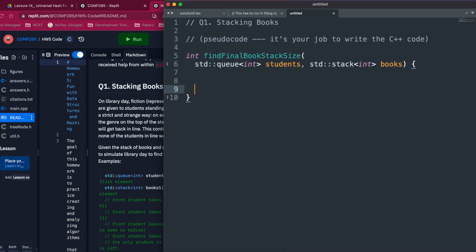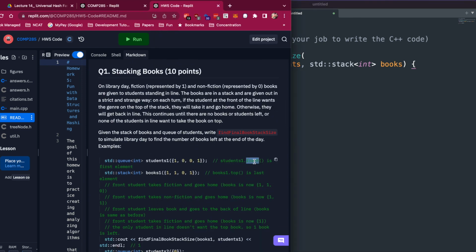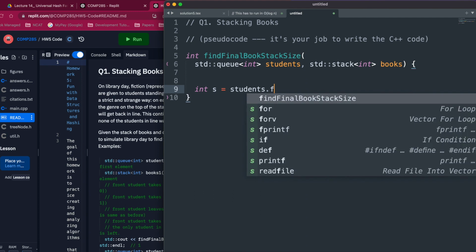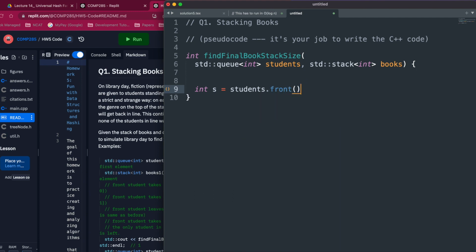So let's get the student at the front of the line. students.front is going to give you the student at the front of the line. This does not remove the student. It just tells you who is at the front.